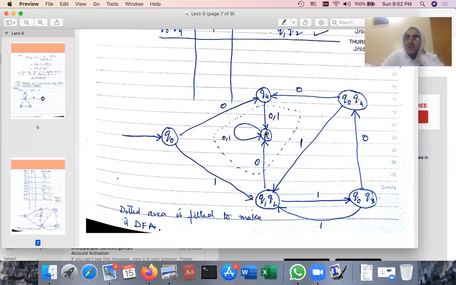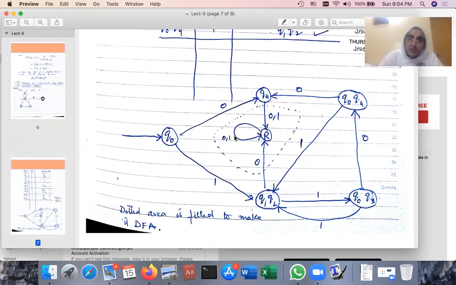If your machine once reaches this state, you don't have to draw an edge back to other states, because otherwise strings that approached the rejection state would be allowed to go back to your legal states, or your accepting states, which can help in accepting the string. So you don't have to allow an edge from this state to other states.